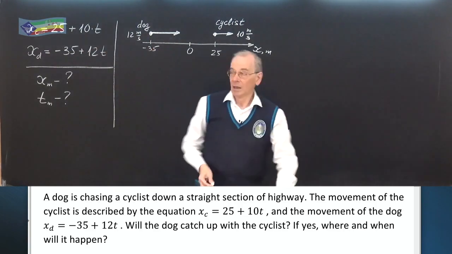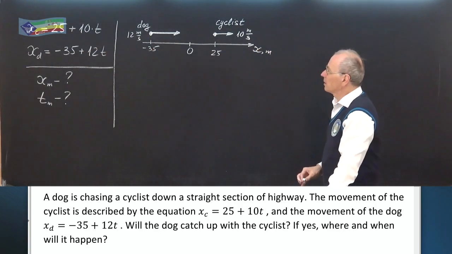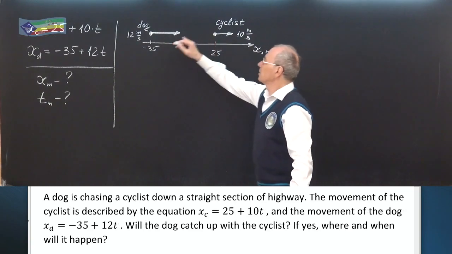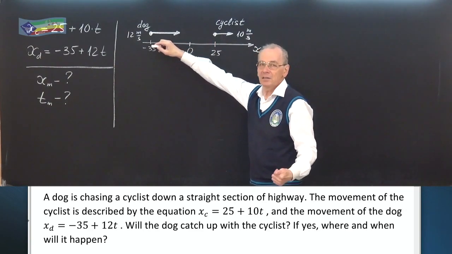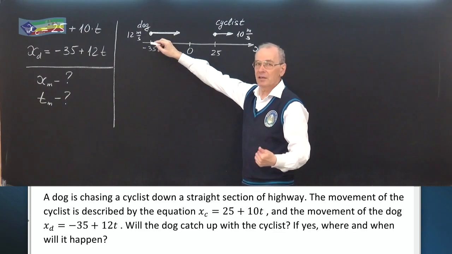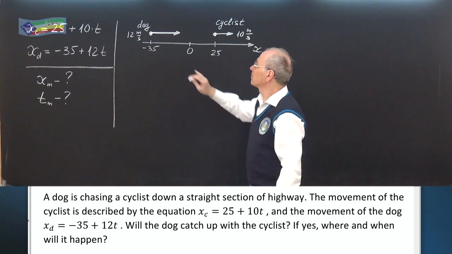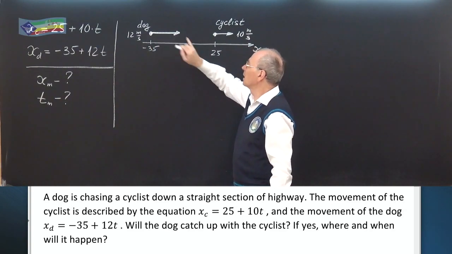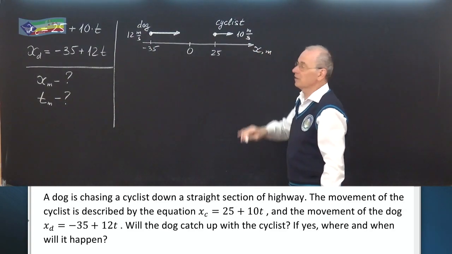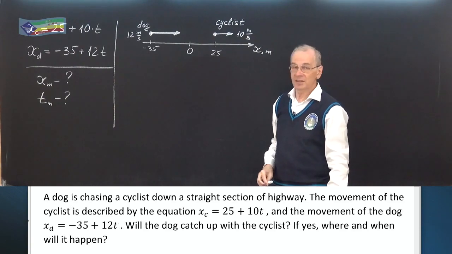So, from this picture we can conclude that the dog is behind the cyclist, firstly, and secondly, the speed of the dog is greater than the speed of the cyclist.